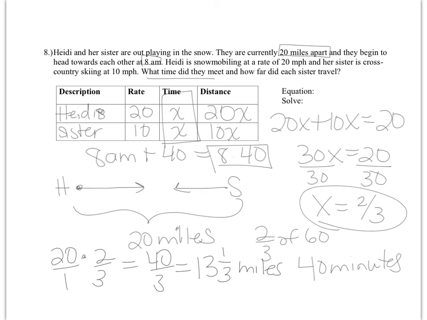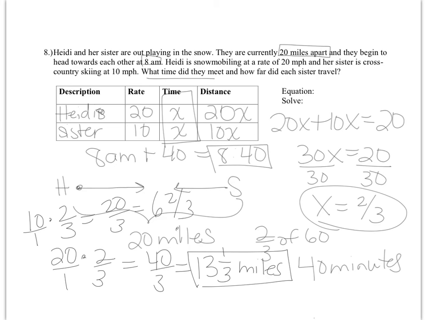So that is Heidi, and I'm just going to put a box around that, and we're going to put these together in just a second. Then I'm going to do 10 times 2/3, so that's 10 over 1 times 2 over 3, which is equal to 20 over 3, and 20 over 3 is 6 2/3.